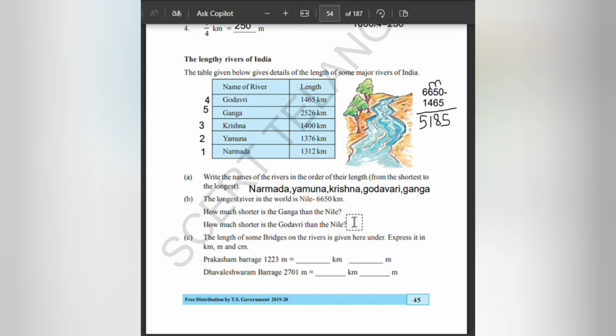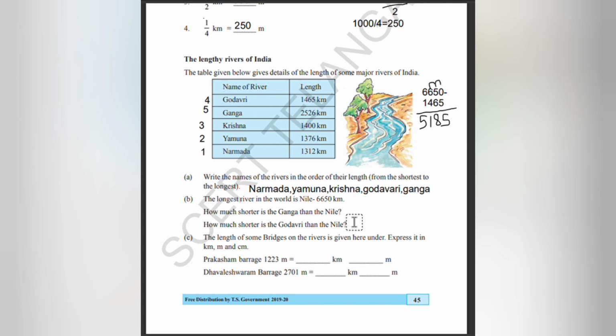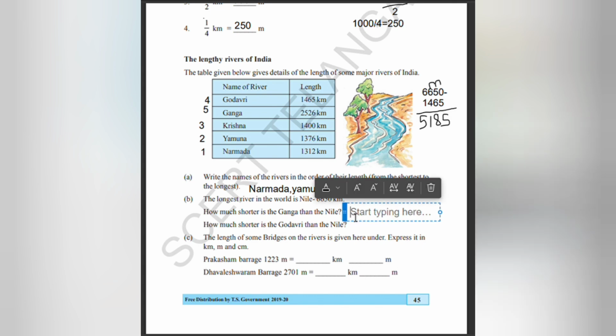How much shorter is the Godavari than the Nile? It is 5185 kilometers.